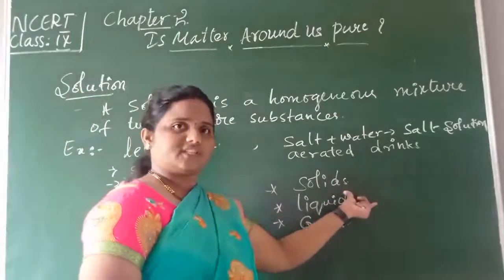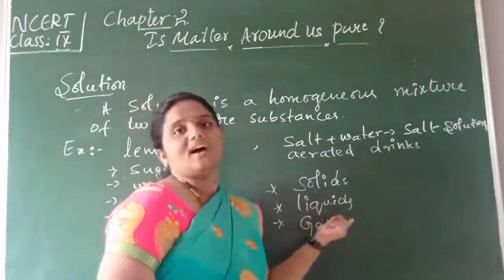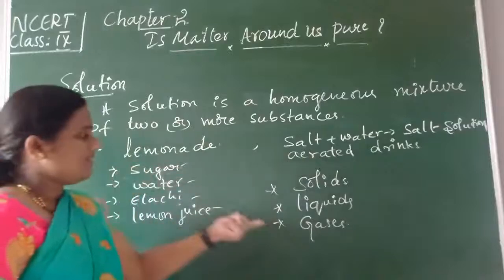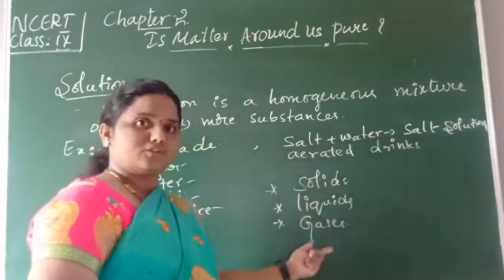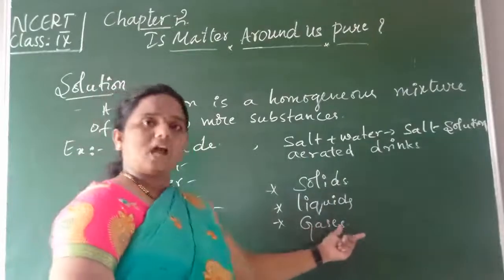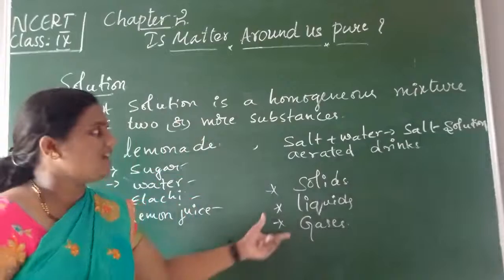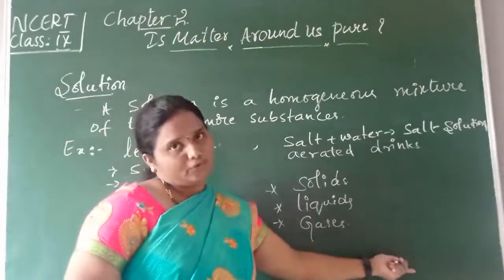Solid solutions you generally get in the form of alloys, and many will be in liquid form, a liquid solution, here lemonade. Then gaseous means aerated drinks, here we use soda, isn't it, children? Carbon dioxide gas is in gaseous form, and air is also a gaseous solution.